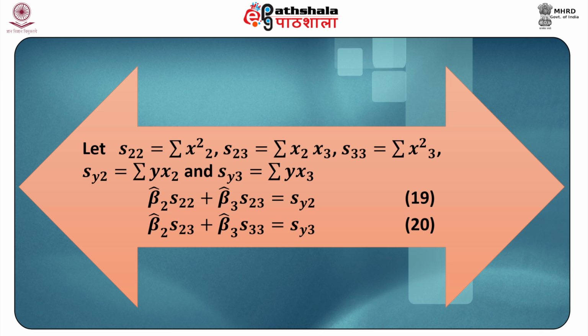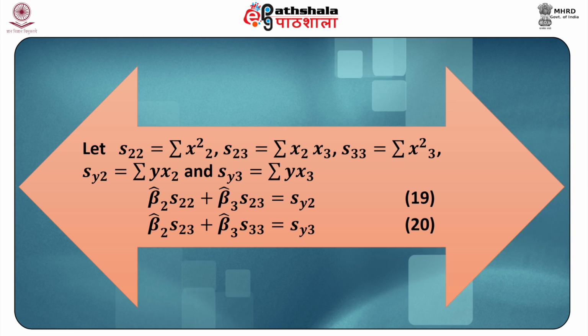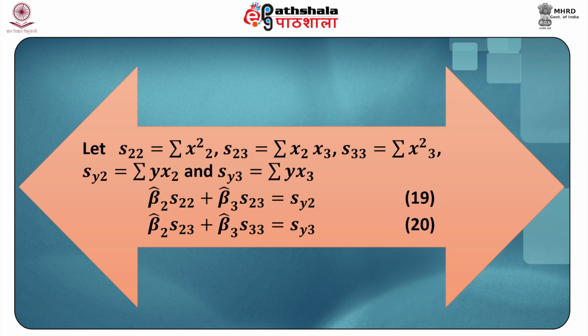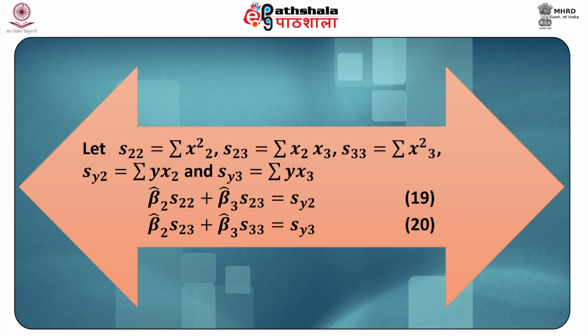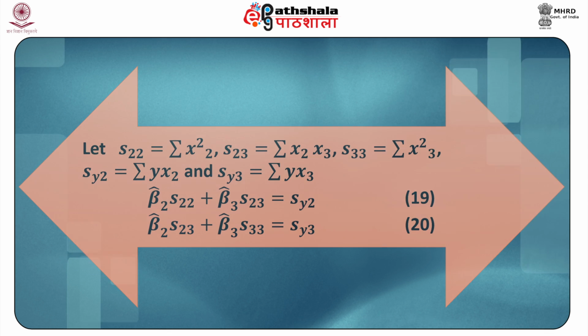These are just abbreviations which we are using. Then we obtain beta 2 hat into S22 plus beta 3 hat S23 equal to Sy2, and we can denote it as equation 19. Similarly, we also obtain beta 2 hat into S23 plus beta 3 hat S33 equal to Sy3, and this is our equation 20.